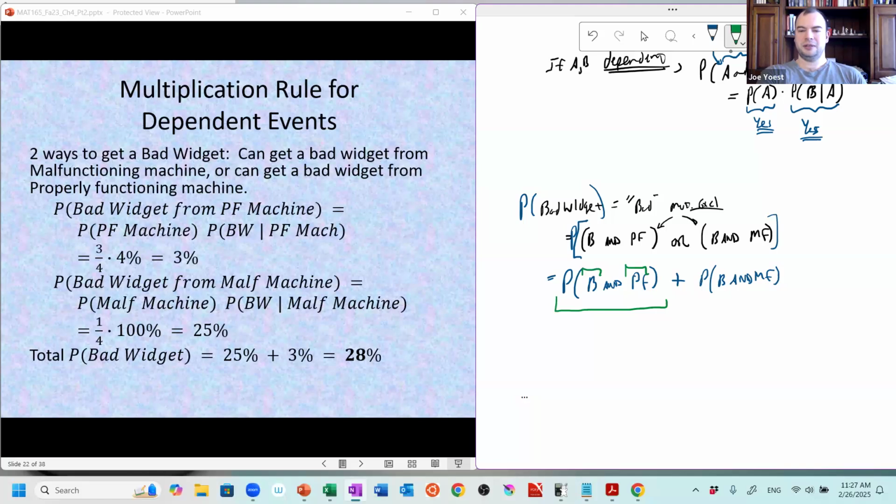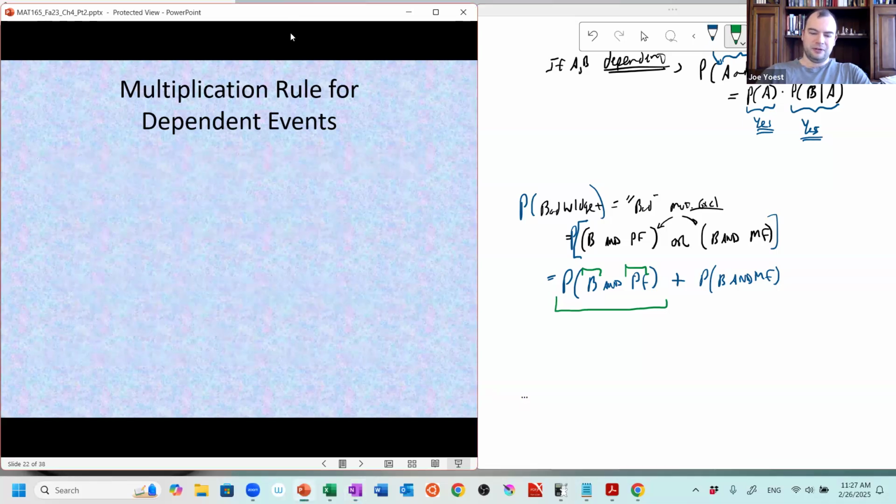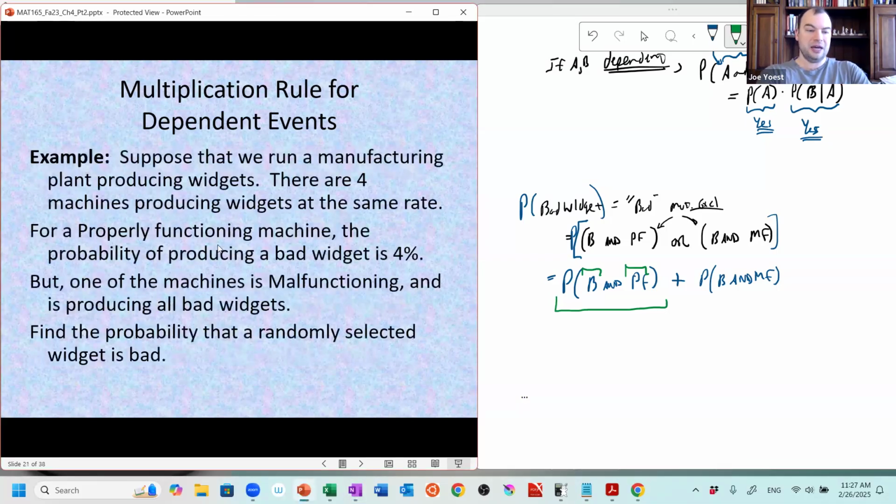Are these independent? Does the likelihood of the widget being bad change depending on which kind of machine it came from? Well, certainly it does. If a widget came from a properly functioning machine, the probability it's bad is pretty low. If it came from a malfunctioning machine, it's 100%.